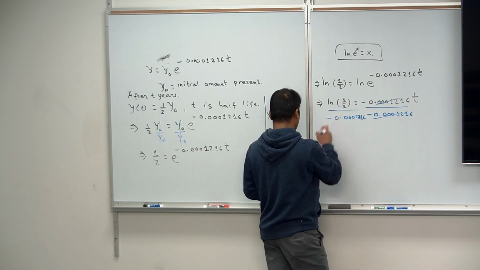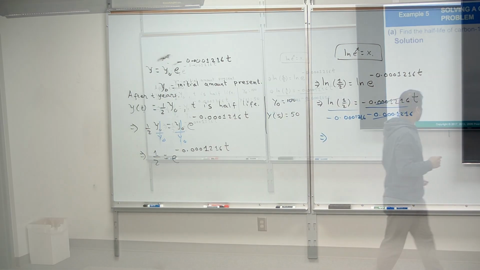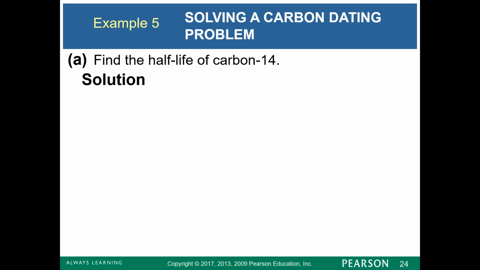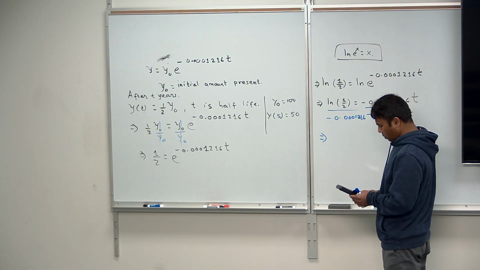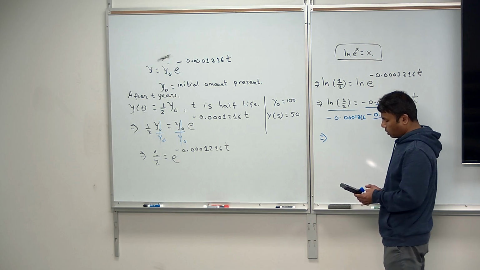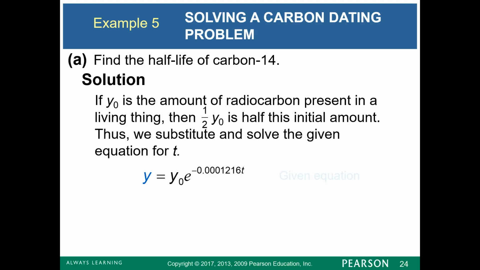So you use the calculator to find the value of this: ln 1/2 divided by negative 0.0001216. How much did you get? Is that 5700? Did you get the same thing?